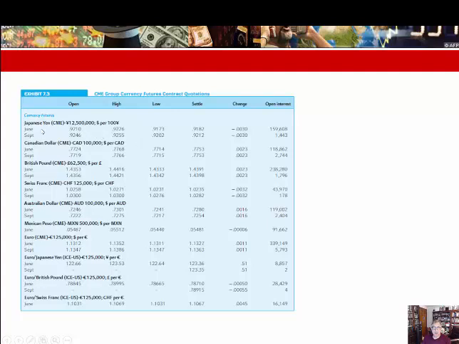So in June, there are 159,608 contracts still outstanding. That's what open interest actually means. Open interest means the number of contracts that are outstanding. There is an open contract that is not settled yet. So in this case, 159,608 of these contracts are not settled yet.